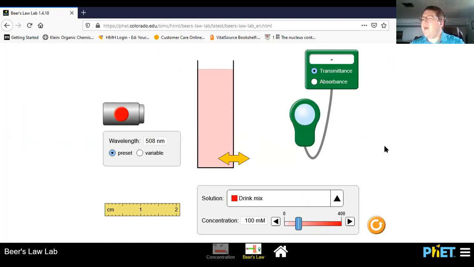And as you're doing that, keep in mind the second question there: does changing the concentration affect how much light is absorbed and transmitted through the solution? Now that's a yes or no question. So as you're coming to that conclusion of either yes or no, be thinking about why you feel that way. All right, so take 2 minutes for that.